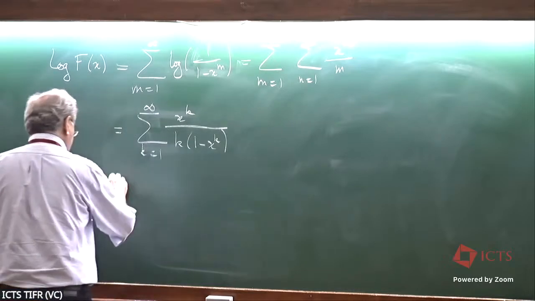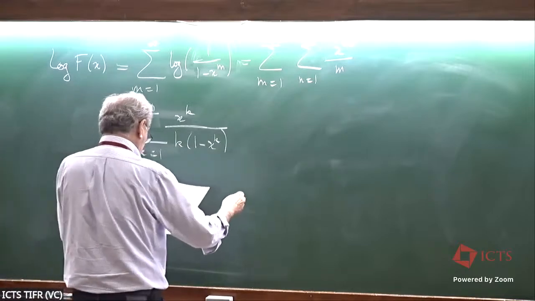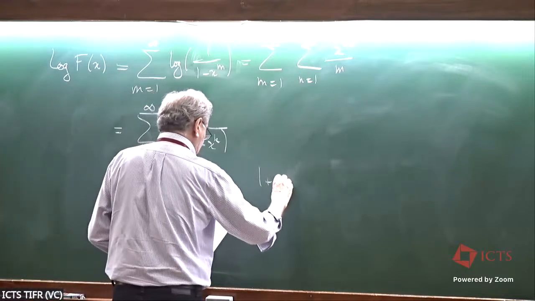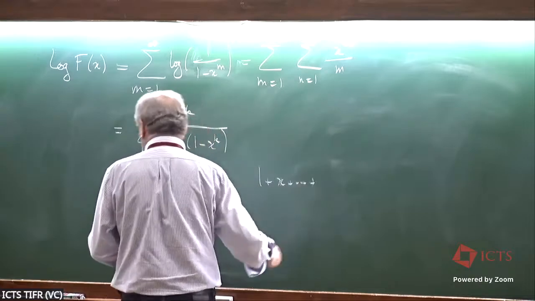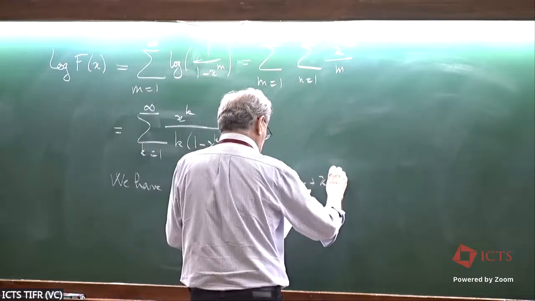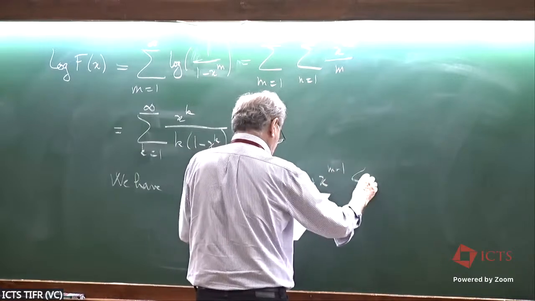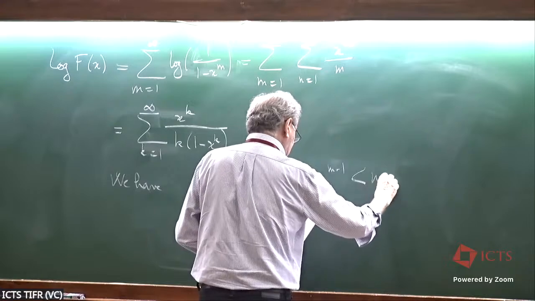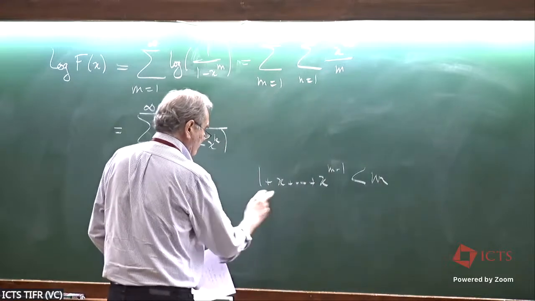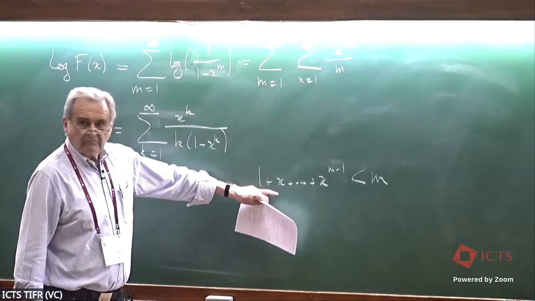So we try to see what it can be. 1 plus x plus x^2 up to x^(m-1). This is less than m because we have m terms which are each less than 1.